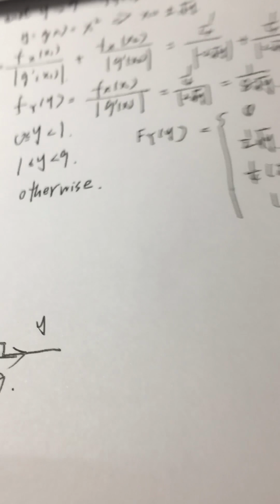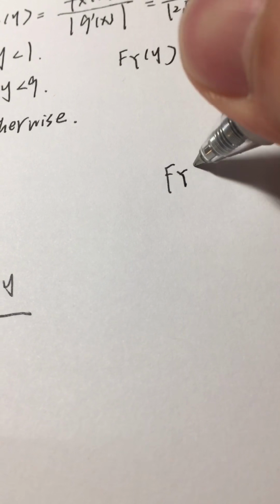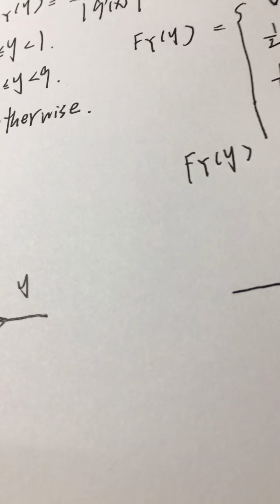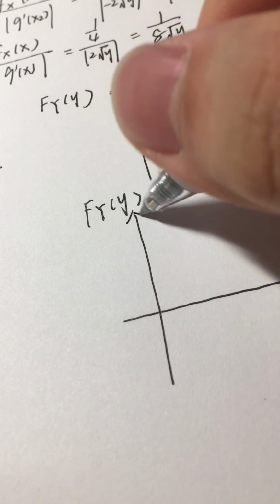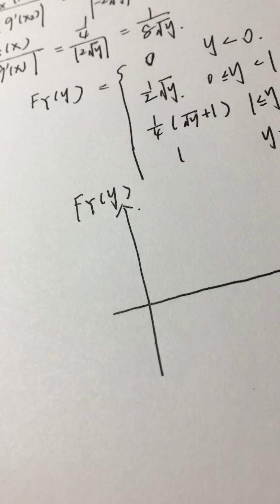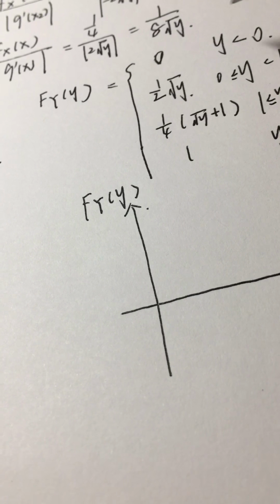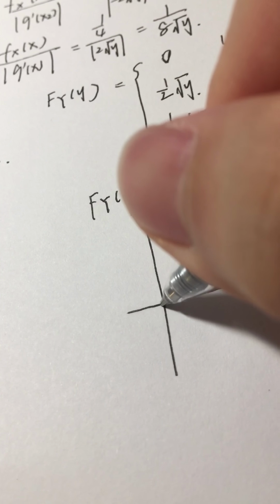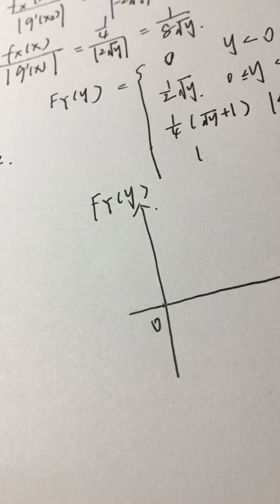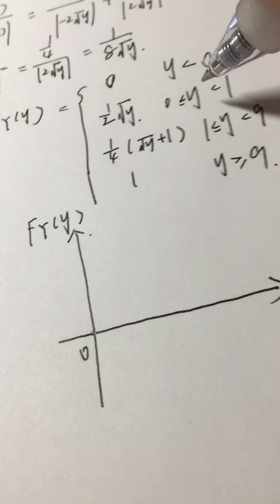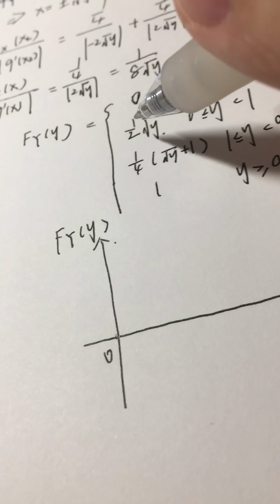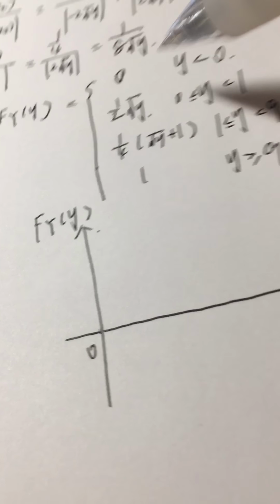We also can draw the function of capital Fy of y. When y is less than 0, this function equals 0. When y is between 0 and 1, this function is this.